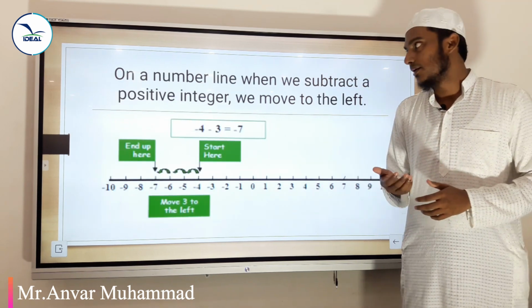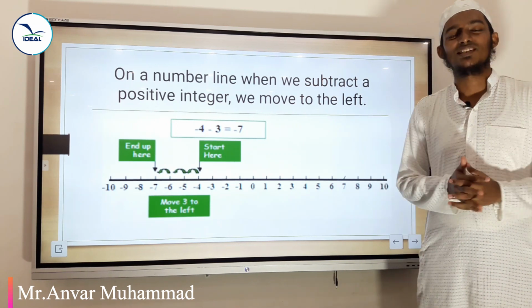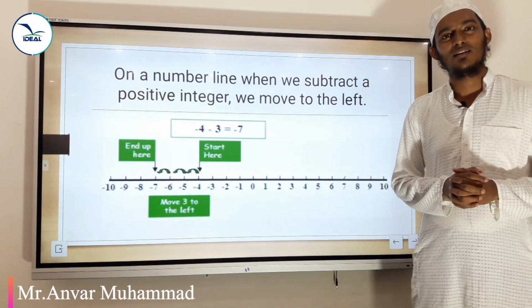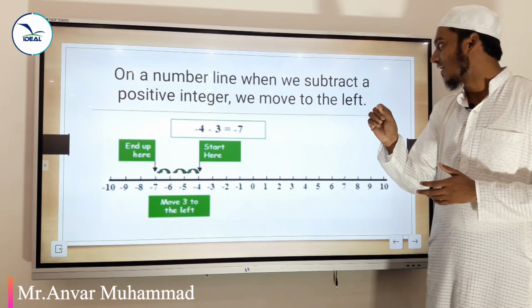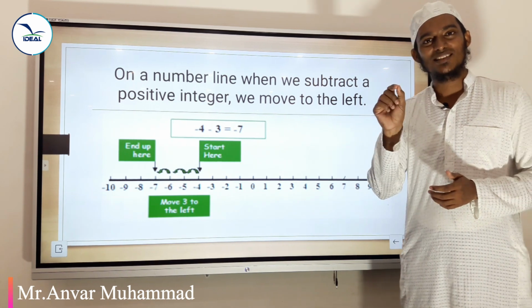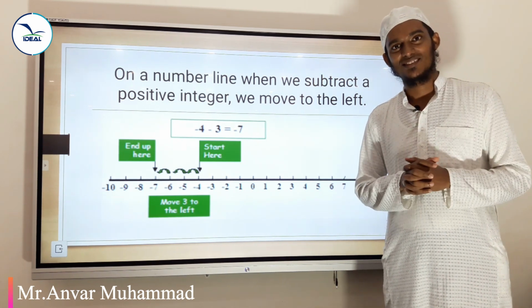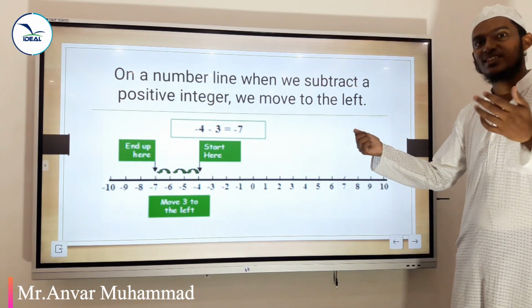Again, the third one. What happens on a number line when we subtract a positive integer? Very important. Subtract a positive integer. Clear? When we subtract a positive, what happens? Yes, we move to the left again.